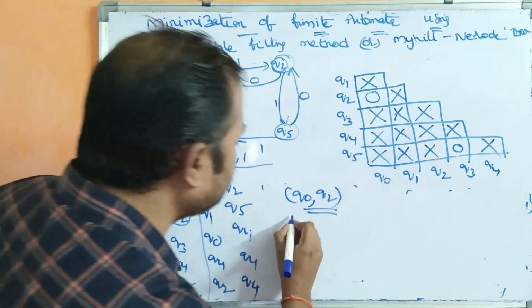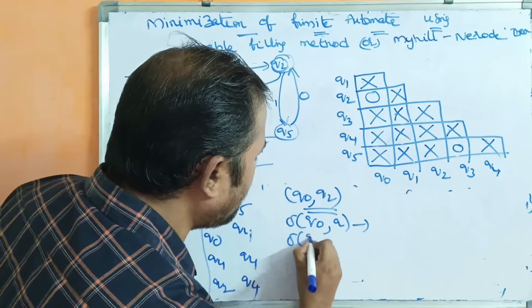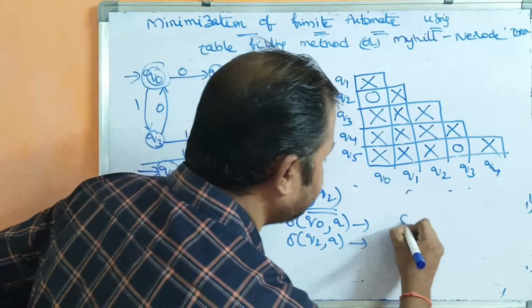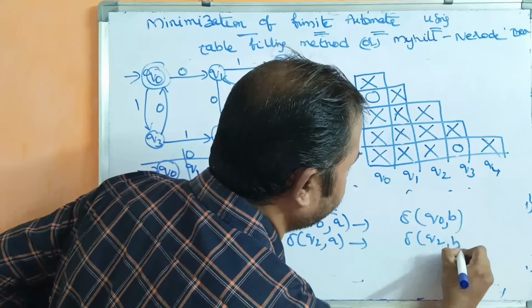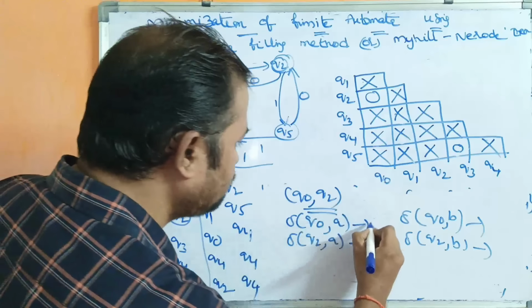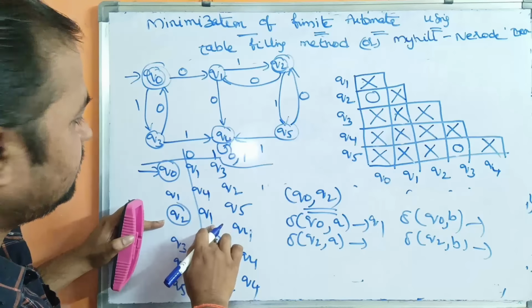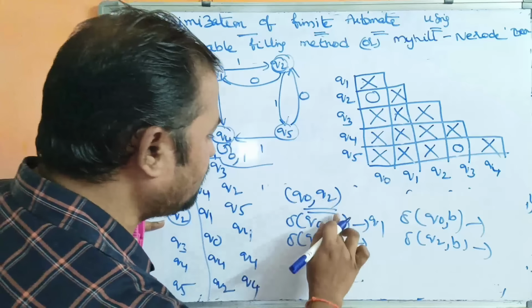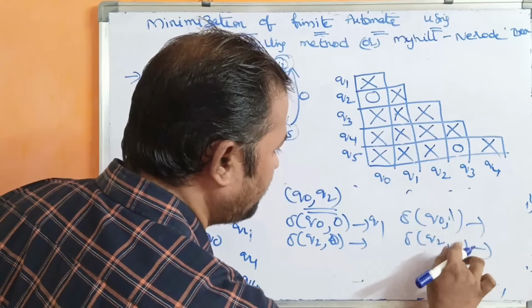So Q0 Q2. Q0 on A, next Q2 on A, next Q0 on B, next Q2 on B. What is Q0 on A? Q0 on A means Q1. Q2 on A means... here the inputs are 0 and 1.